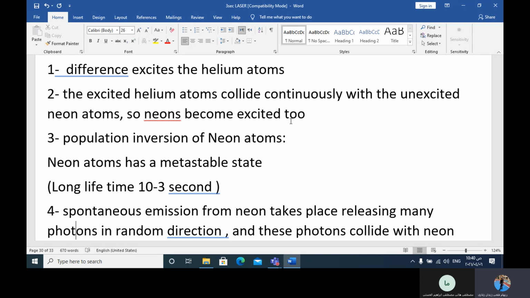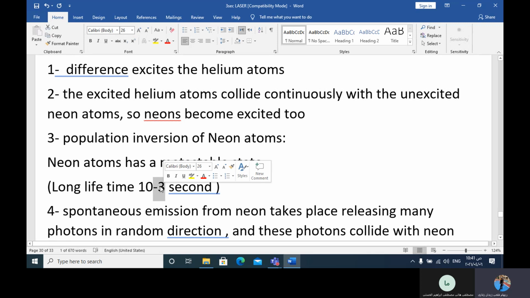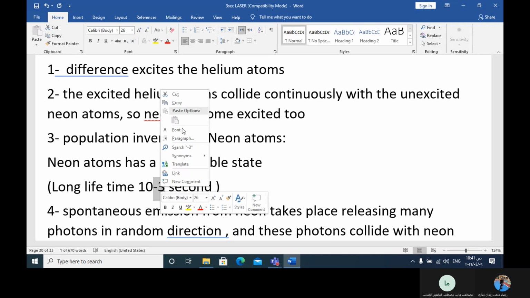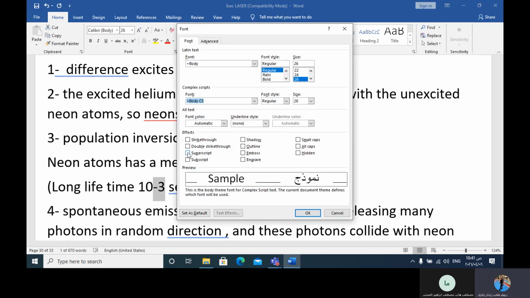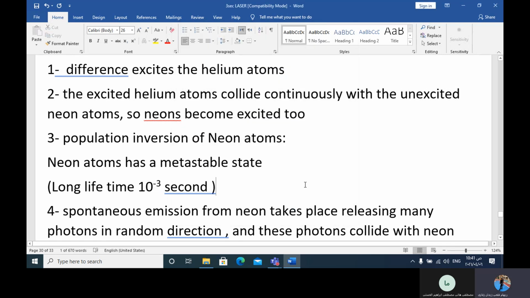But in metastable states, this time can increase 100,000 times, which means that the lifetime can be 10 to the power of -3 of a second. And this is a relatively longer time than the normal one. We call this metastable state.